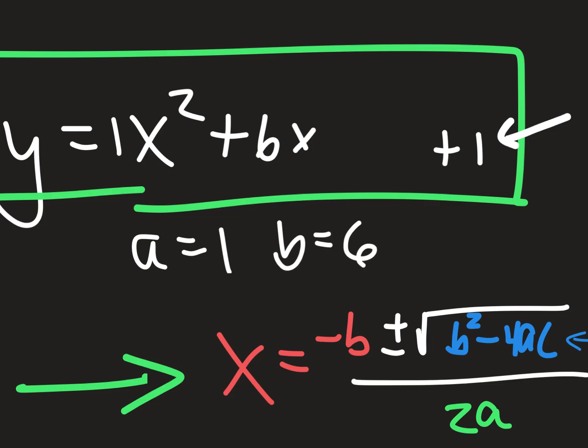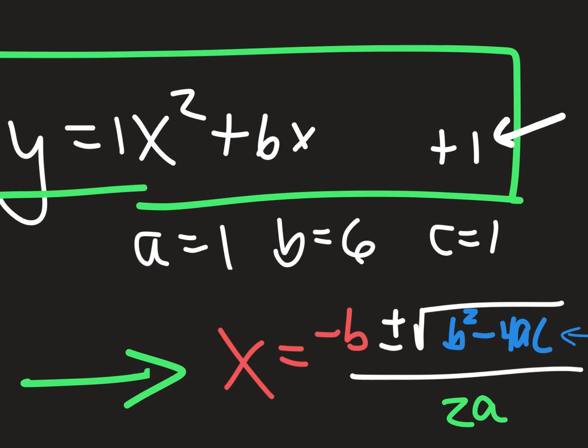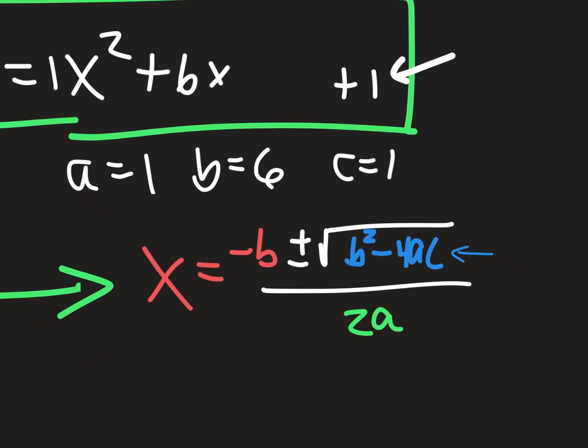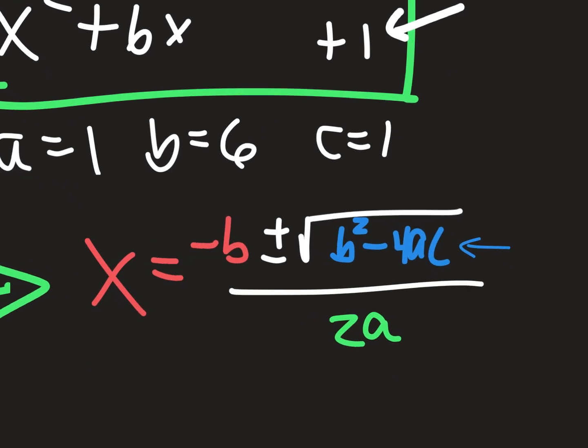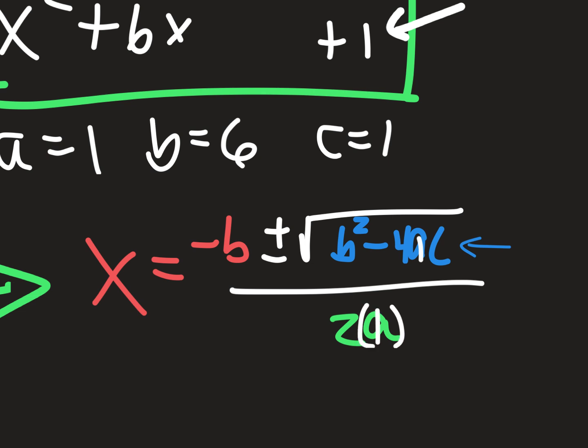And what is c? 1. So then I just have to put them in here. A is 1, so 1 goes here and here. And b is 6, so a 6 goes in here and here. And then c is 1, which is right there.